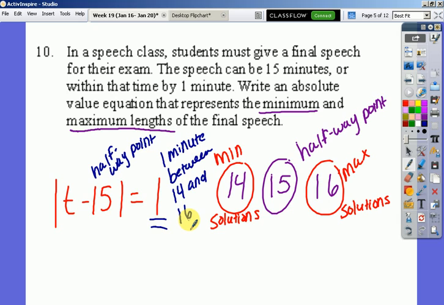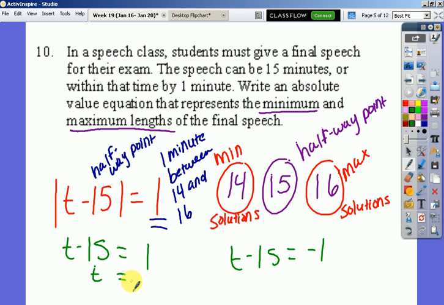Why does this work? Well, if we set up both of our absolute value equations, according to our definition of absolute value, how will we set this up as two equations? T minus 15 equals what? 1. And T minus 15 equals negative 1. Well, what happens when I add 15 here?